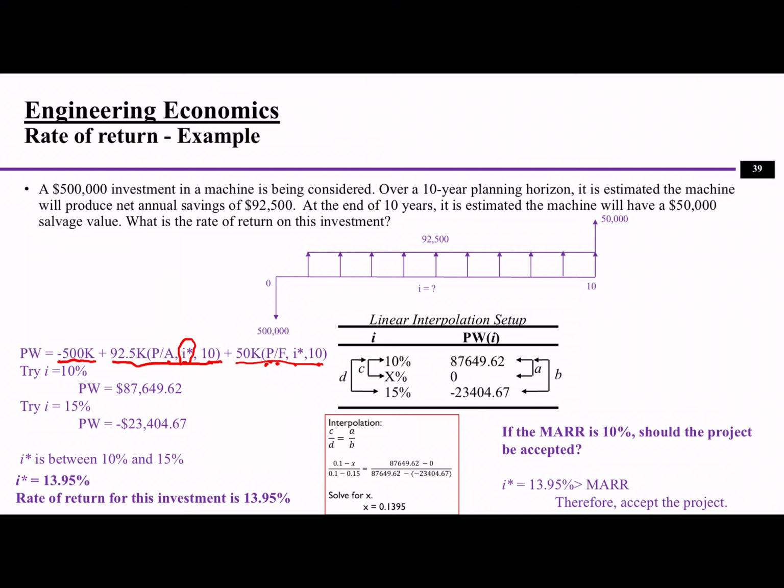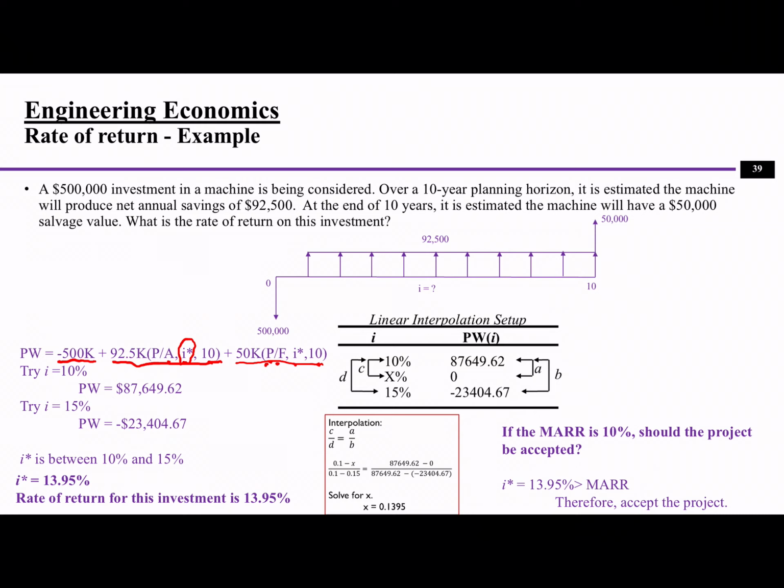Unless you need really accurate calculations, a lot of times, if you are taking exams, for example the black belt, green belt or yellow belt of the Six Sigma examination, or the professional engineering exams, usually they will not ask you to calculate the complicated interest rates without computer setup. So in this case, what you can do is try.